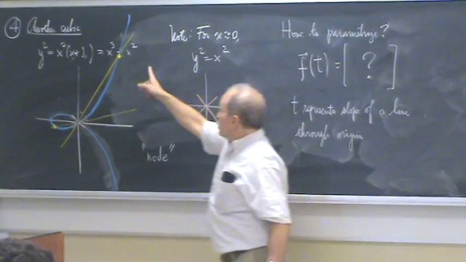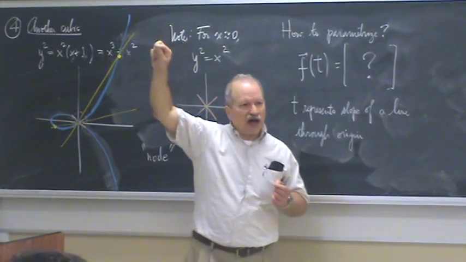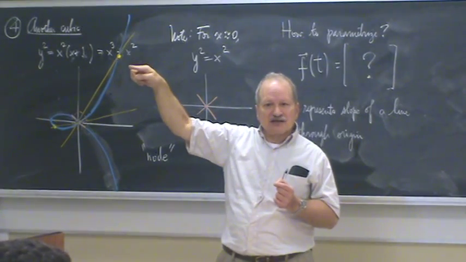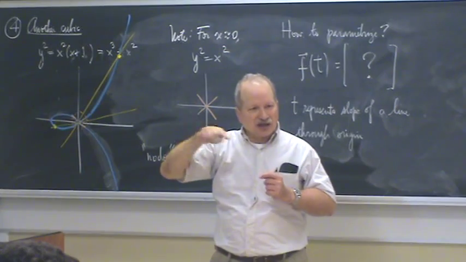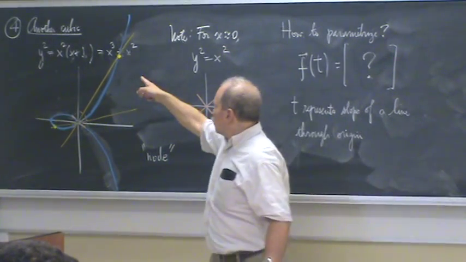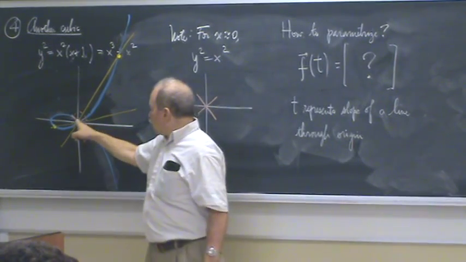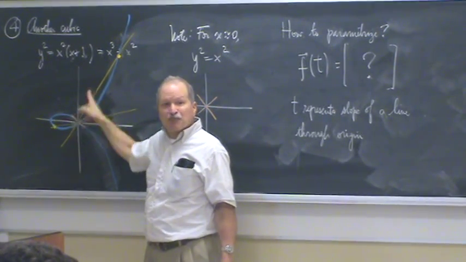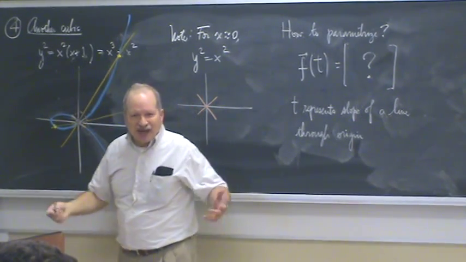Because this is a cubic equation, you expect that if you draw a line, it should meet the curve at 3 points, because if you substituted the equation of the line in, you would get a cubic in t. Two of the points of intersection are here, so the remaining point is going to be parametrized by that variable t. That's what's going on here.